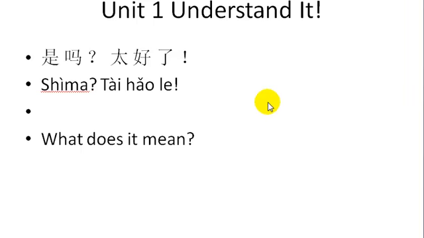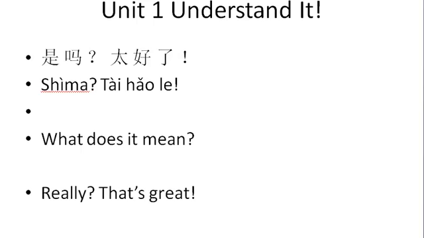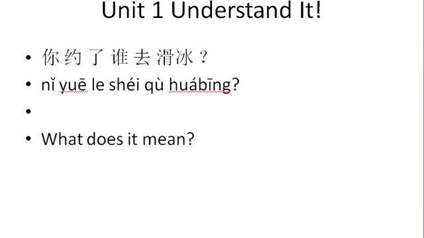是吗？太好了。Okay, so Gao Wenzhong is very happy. Really? Well, I shouldn't tell you what that means. Why don't you write down what you think that means? Really? That's great. And then Gao Xiaoyan says, 你约了谁去滑冰?